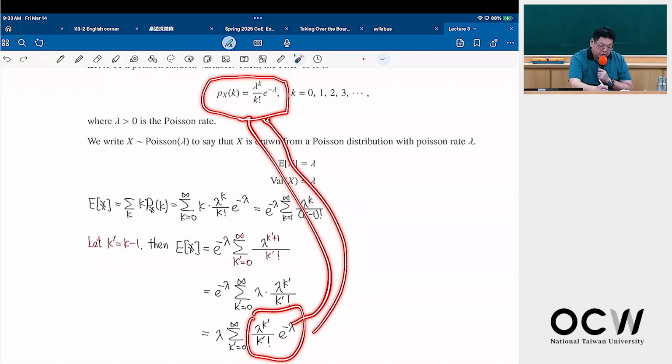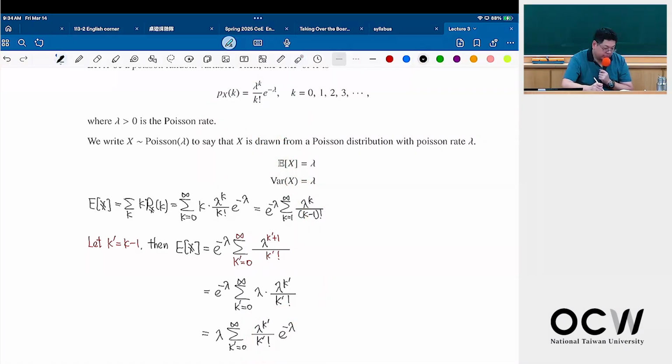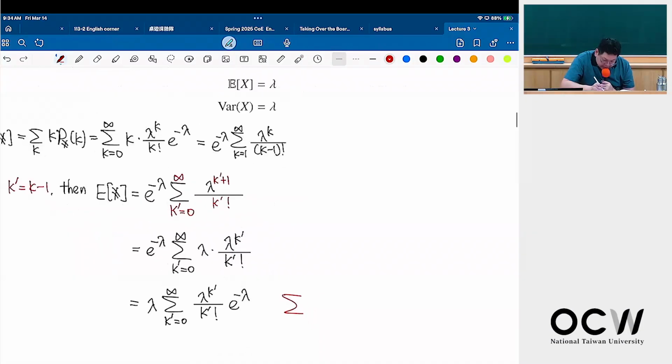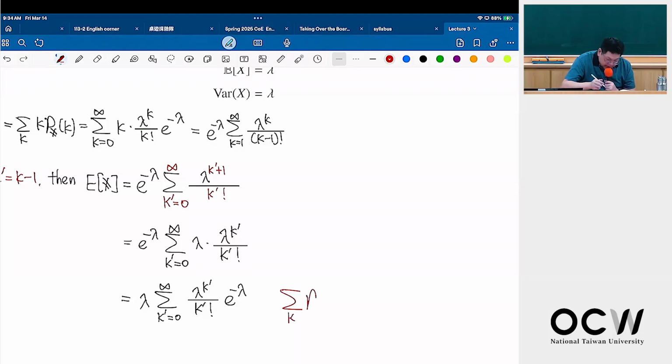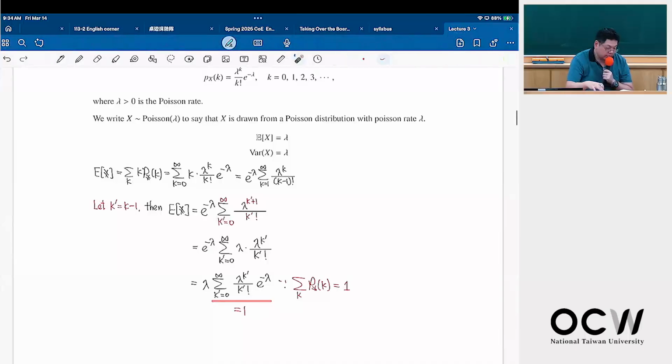So if this is the PMF, then the summation over k of the PMF, if we sum all the PMF, then from the property of the PMF, this is 1. So that's why it is just lambda.